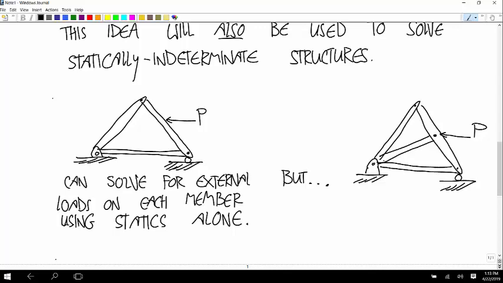If this member is really thin here, you can tell intuitively that this is going to sort of warp in. So if you don't want it to warp in like that, just put a little reinforcement there.